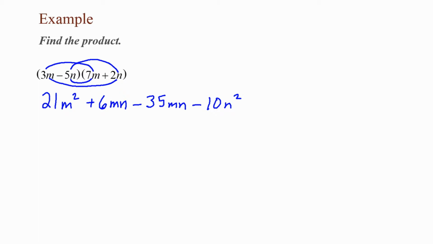Adding like terms, we have 21m squared minus 29mn minus 10n squared.